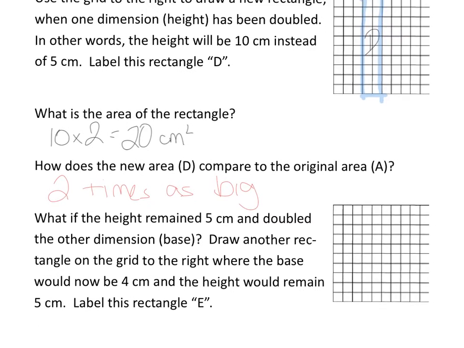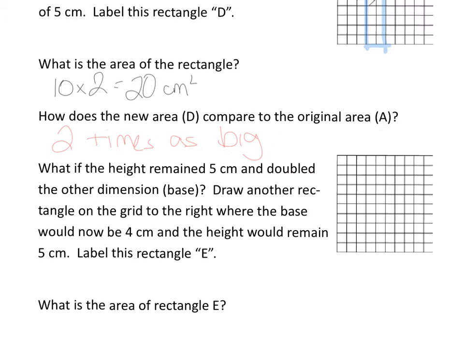Now, what happens if the height remained 5 and we doubled the other dimension, the base? So what we're saying is the base would now be 4 and the height would be 5.